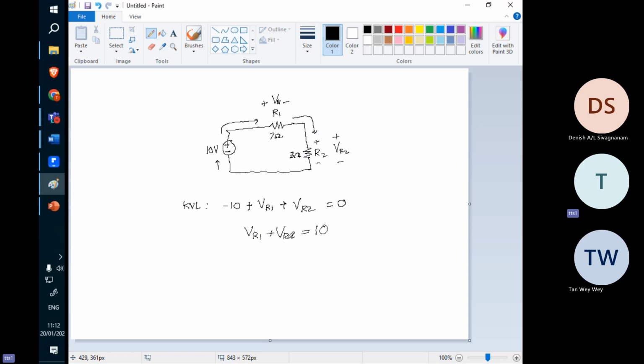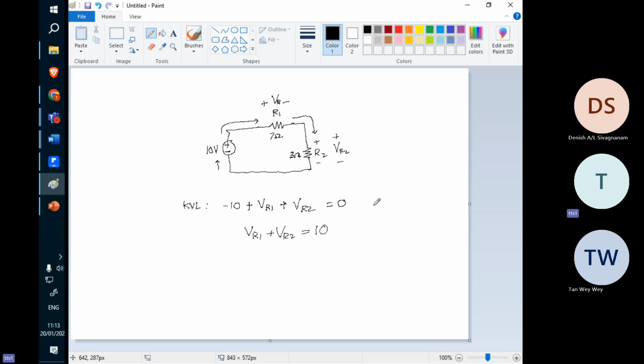Because when you arrange the equation like this, you can tell they are on each side. This one on the left hand side, this one on the right hand side. From here, you can tell that this is the one supplying the power. Right now we know which one is supplying power, which one is receiving the power. Okay, then let's go ahead and calculate this value to finish off.